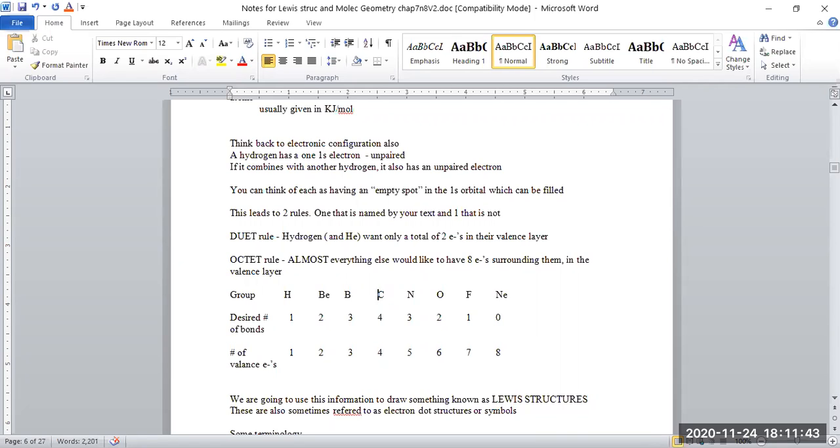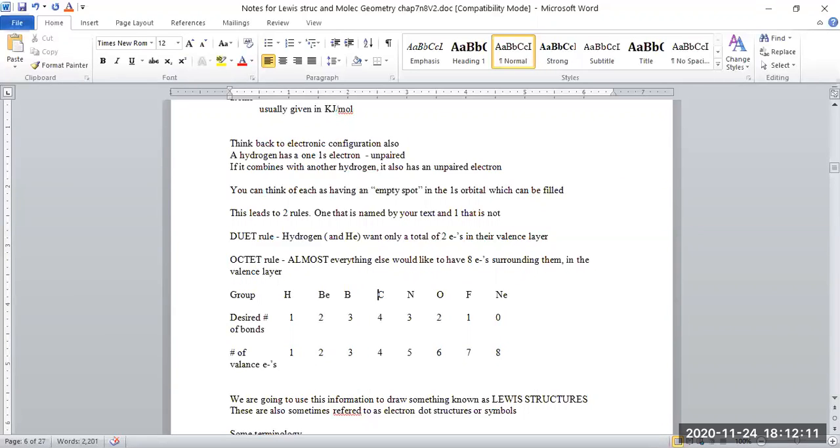But neon and all the other noble gases, they've got 8 electrons in their valence layer, and they hate everybody. You are almost never going to see them as part of a larger molecule. Yeah, there's a couple of exceptions.